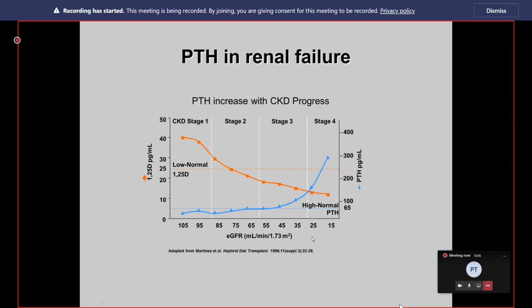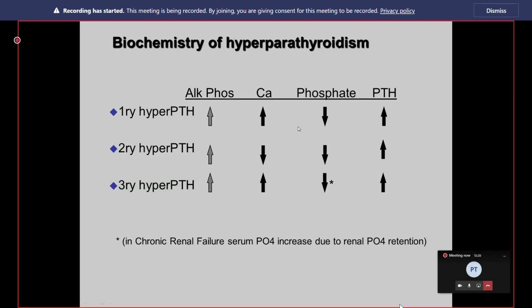And so in the long term, PTH secretion increases to normalize the low calcium, and then at some stage PTH becomes autonomous and then causes hypercalcemia, which is tertiary hyperparathyroidism.